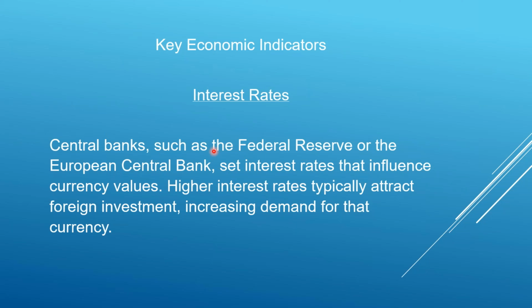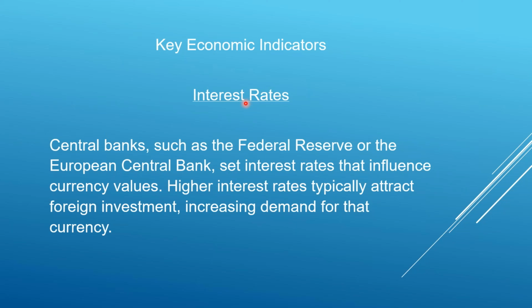The first and most important is interest rates. Actually, everything here is important, all the economic indicators, but they are correlated. They are all playing in the same symphony, but it always starts with the interest rate. This is the main focus, because central banks such as the Federal Reserve or the European Central Bank set interest rates that influence the currency value.